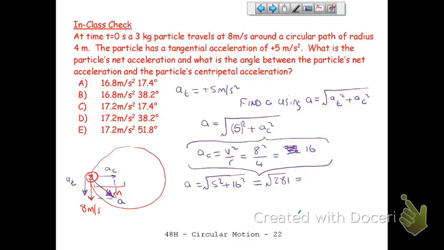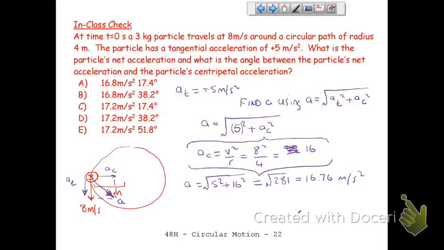Second answer, square root, I'm getting 16.76 meters per second squared.